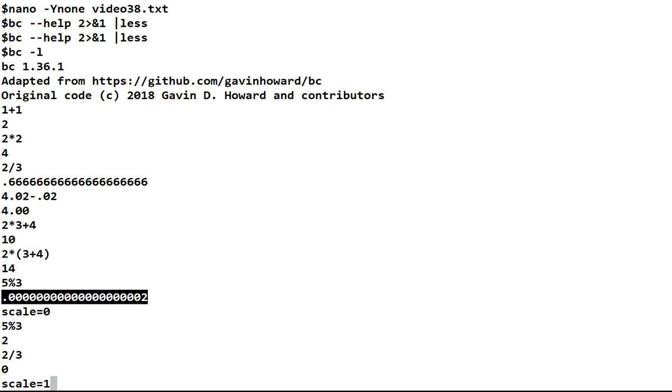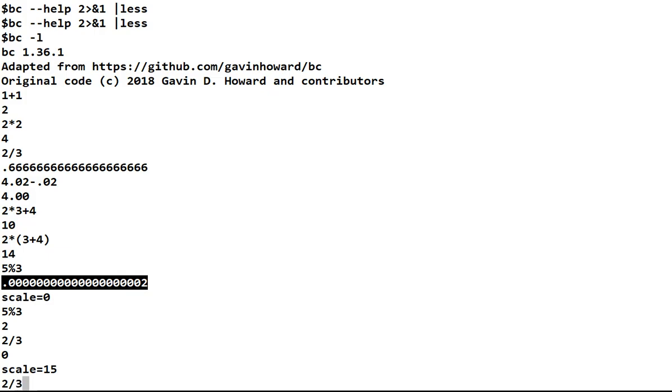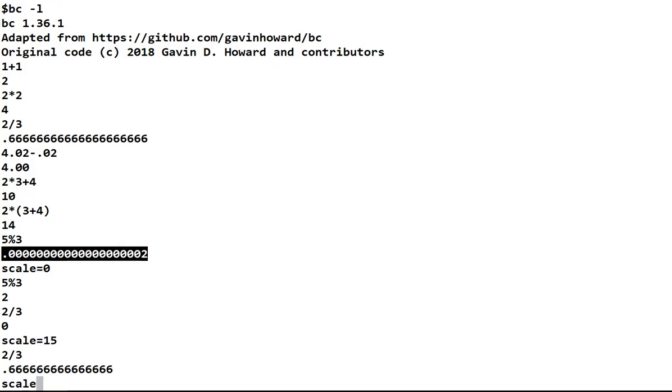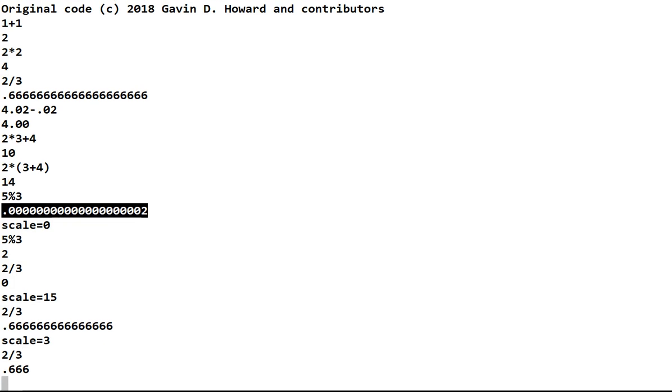Let's set it to 15 and do 2/3. If we did scale equal 3 and we did 2/3, you notice it does not round the way you think it would. You would think it would show 0.667. It doesn't. That's just a characteristic of this system. Okay.